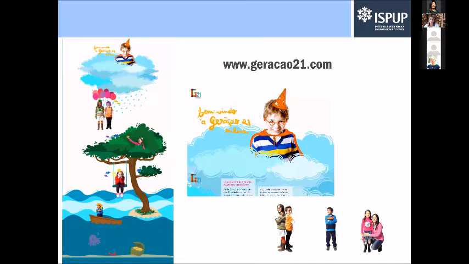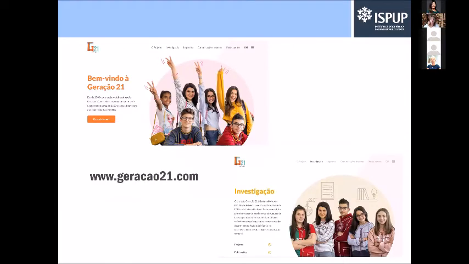When our kids were 7 years old, we decided it would be nice to invite them to be the image of the project website. So these kids that you see here are in fact participants from Generation 21. This happened also when we redid the website at the 13 years old evaluation. We keep on using participants as the image for the Generation 21 websites.